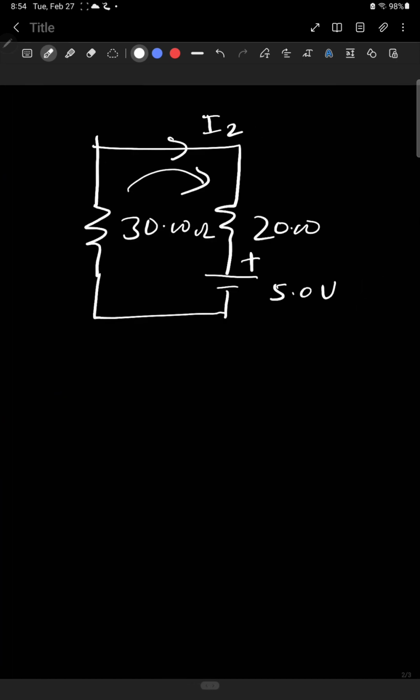So I can write the equation. The direction of the current is upward, and I'm also going in the same direction.